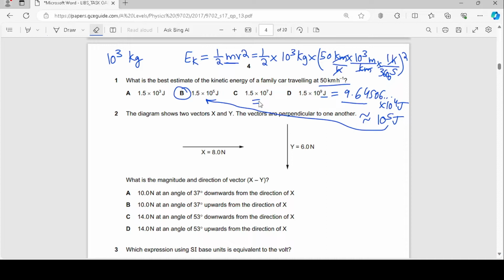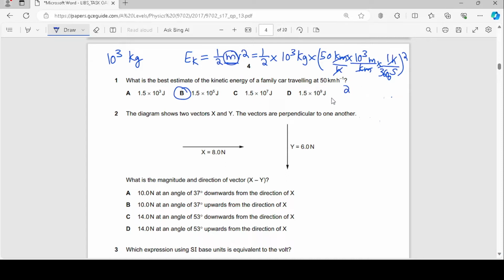And now I suppose you could do this in another way, wherein instead of assuming a mass, you rearrange the formula. I'm going to put the formula in terms of mass. So m equals 2 times the kinetic energy divided by v squared. And so you calculate this quantity for all the options.